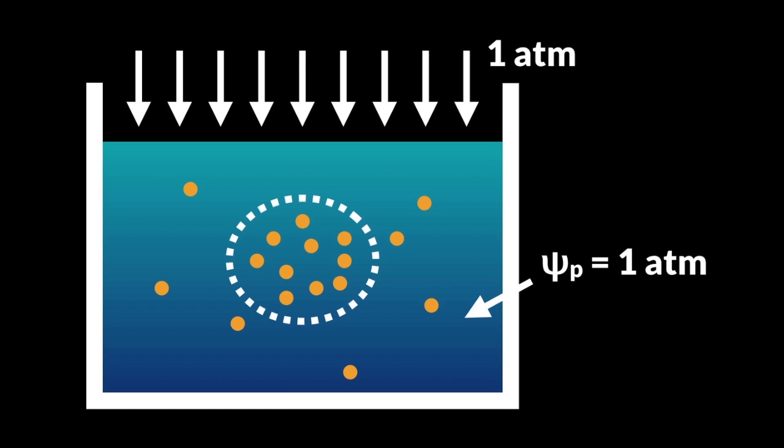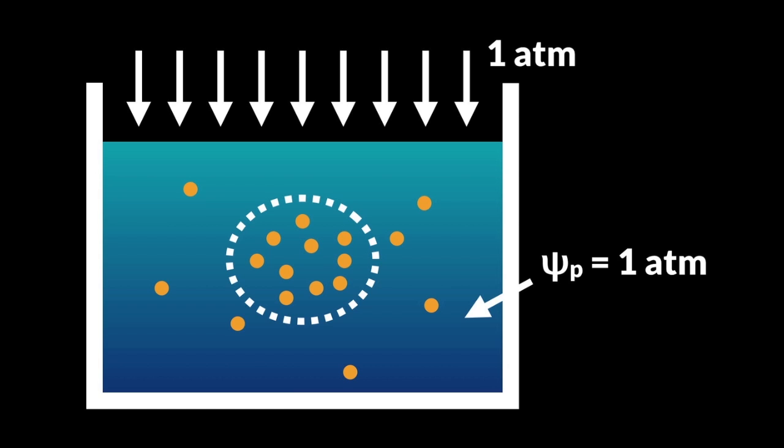But solute potential is not the only thing at play. We also have other forces, like atmospheric pressure, which can determine whether water will move into or out of the cell. If we place this container out in the open air, the atmospheric pressure is pressing down on the water at a pressure of 1 atmosphere.